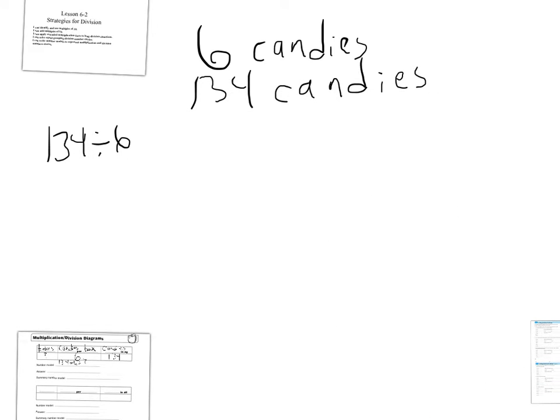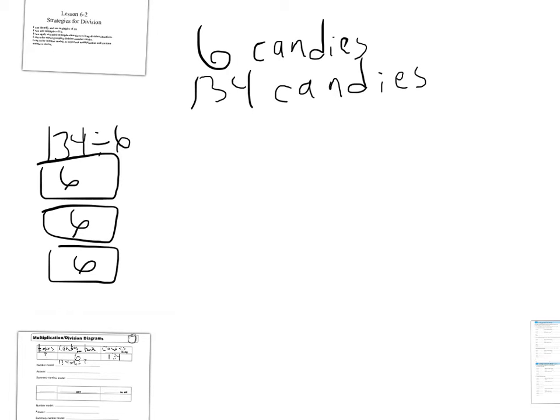Some of you might try to make boxes that all have 6 in them. You could do it for a long time until you get close to 134, and then see how many boxes you need to fill the last few candies. But there's an easier way. You could continue making boxes into groups of 6.